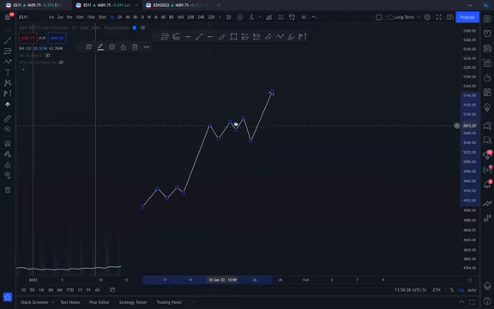And then price finds an area where sellers are a little more willing to participate. Basically, you have to remember that every trade has a buy and a sell, right? Generally what's happening is the market buy orders are consuming the limit sell orders and vice versa.